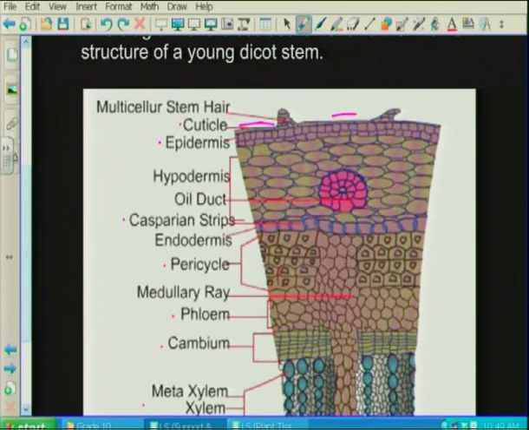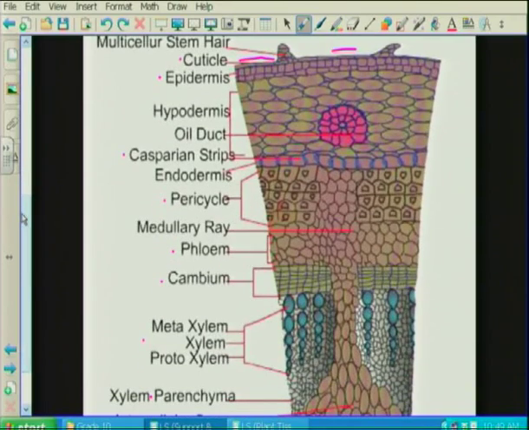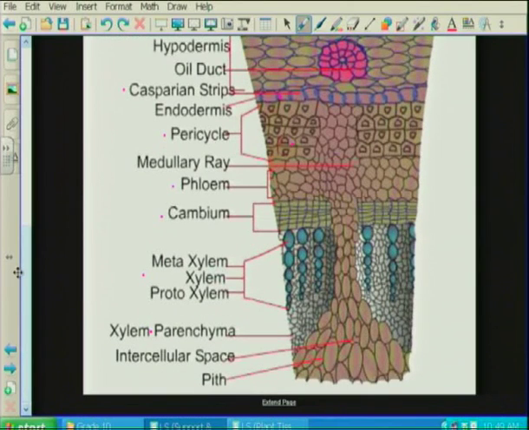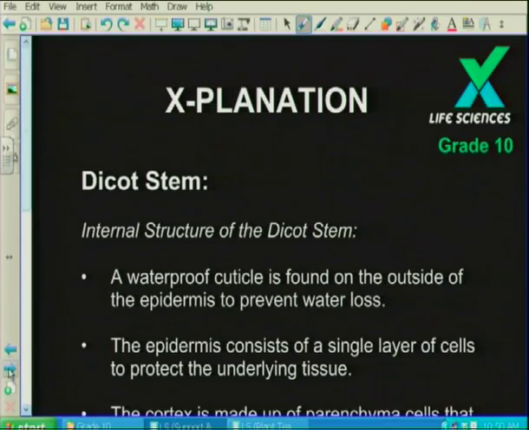Then underneath that we have the epidermis. Then we have your Casparian strip, your endodermis right there, the pericycle, your phloem, your cambium, your xylem, and your parenchyma. So let's go see how this all fits together so that it makes sense.